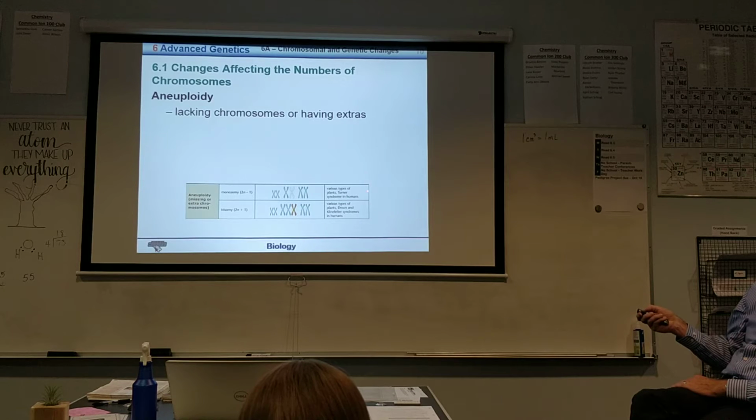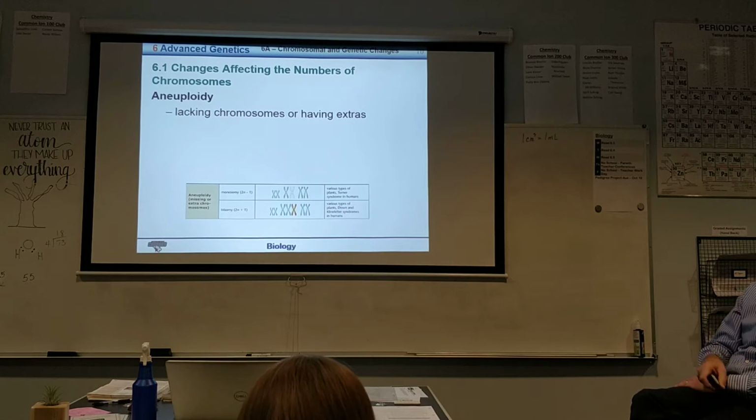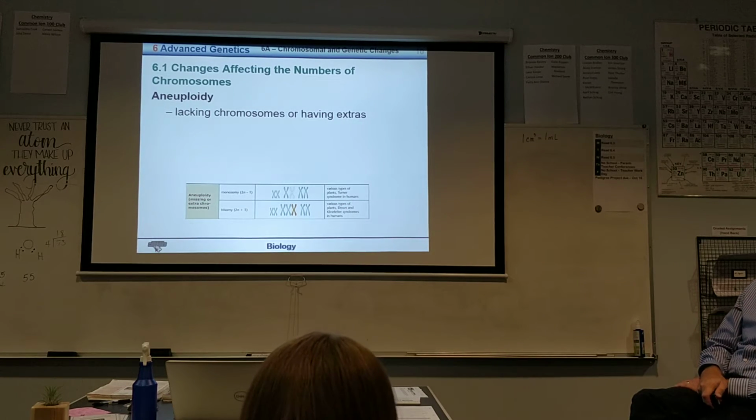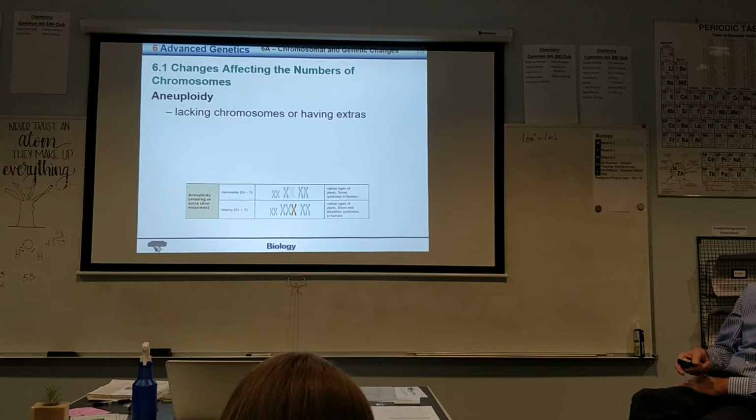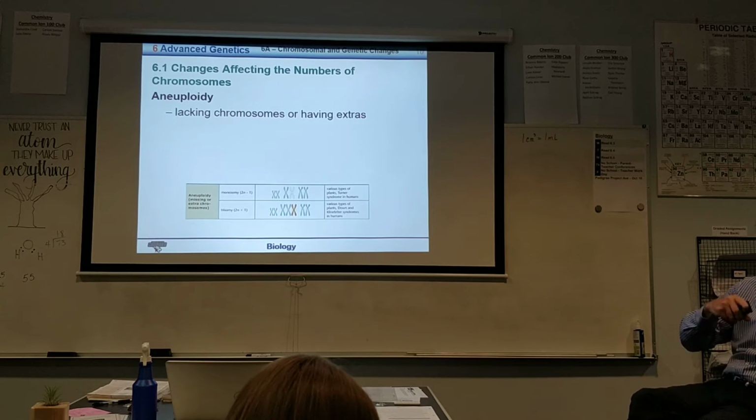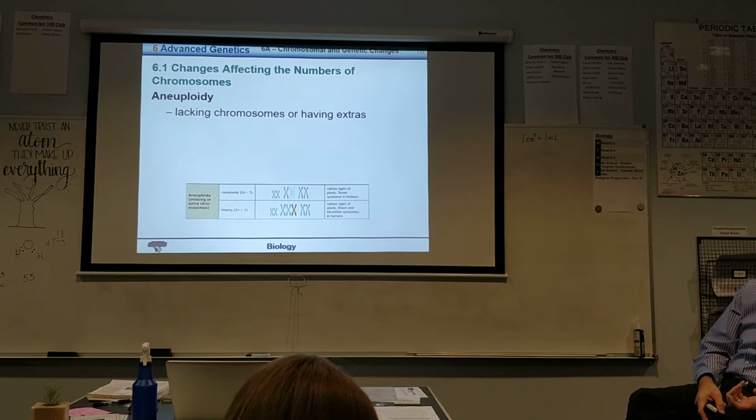So some of you have heard of Down syndrome. It would be an example of someone who has an extra chromosome. They actually have an extra chromosome number 21. We know exactly which chromosome they have an extra of.